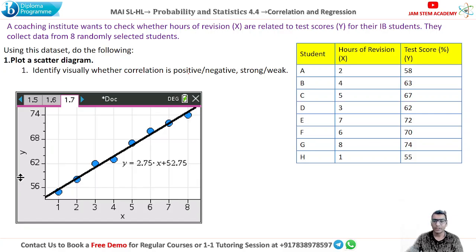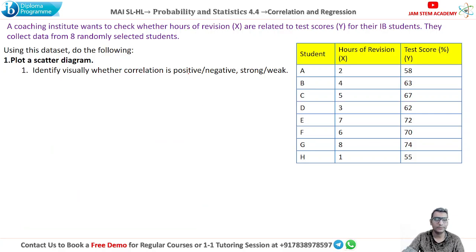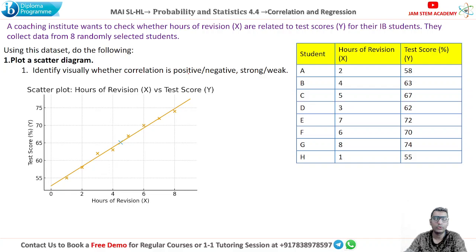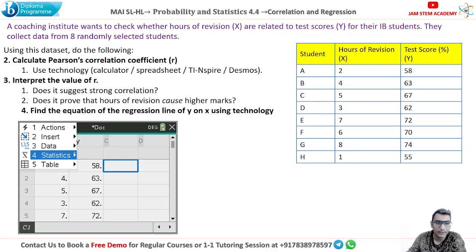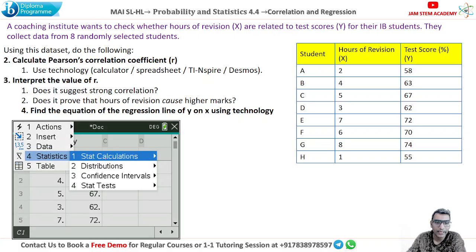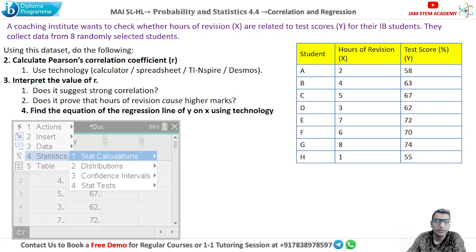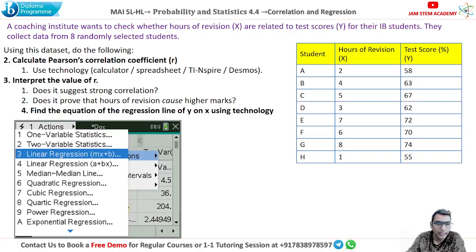Now, in order to get the value of r to check whether it is strong or weak, what you can do is go to your spreadsheet, go to the menu, then statistics. In the statistics, select stat calculation and go to linear regression.